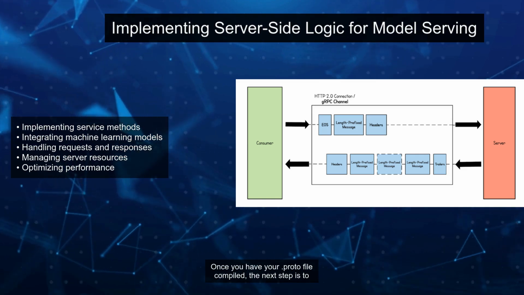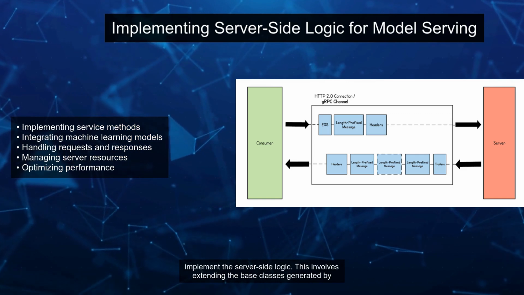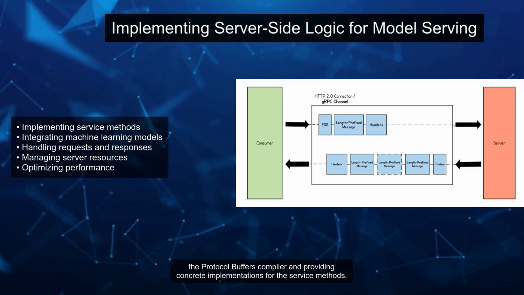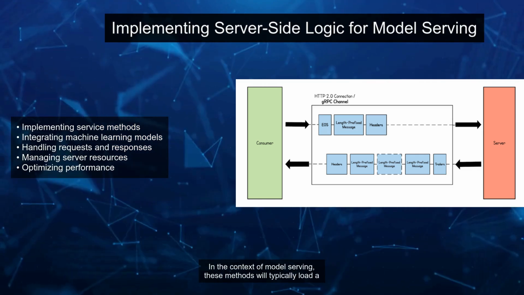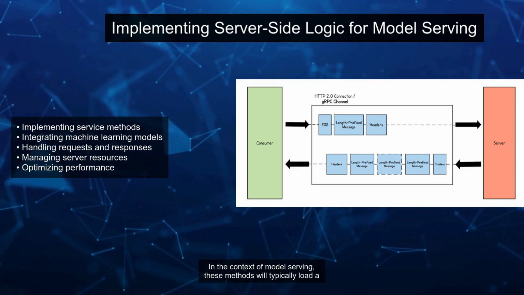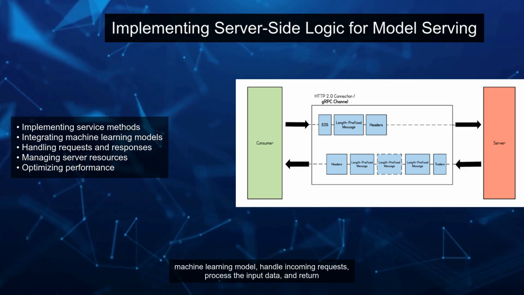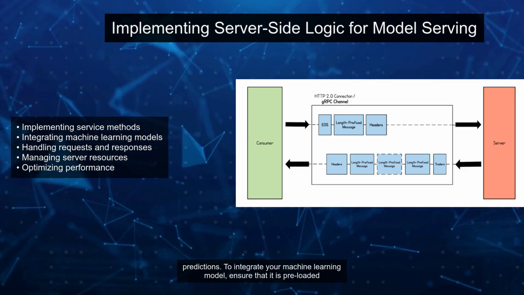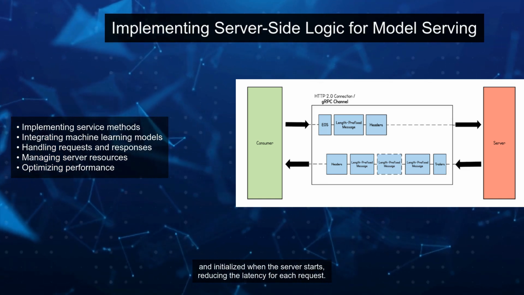Once you have your proto file compiled, the next step is to implement the server-side logic. This involves extending the base classes generated by the protocol buffers compiler and providing concrete implementations for the service methods. In the context of model serving, these methods will typically load a machine learning model, handle incoming requests, process the input data, and return predictions. To integrate your machine learning model, ensure that it is preloaded and initialized when the server starts, reducing the latency for each request.